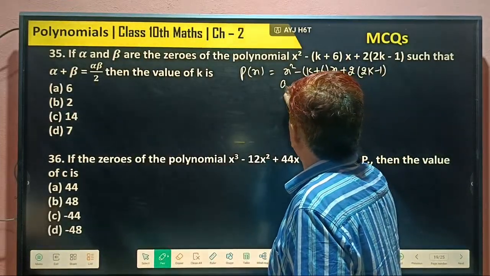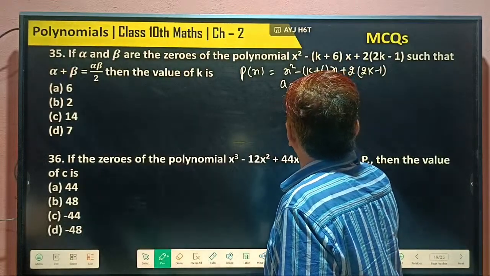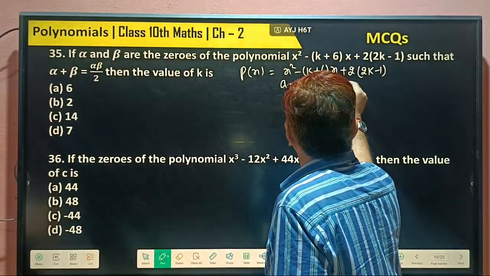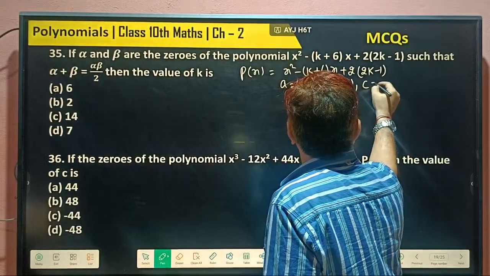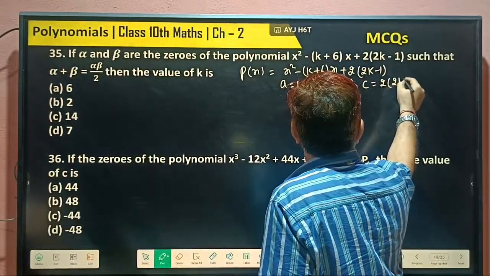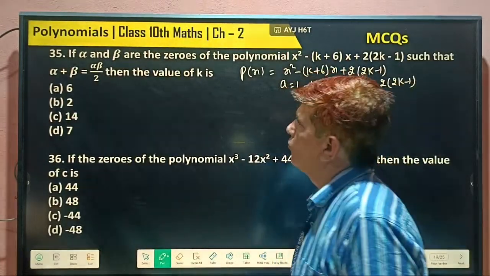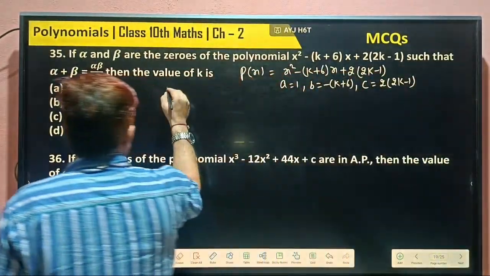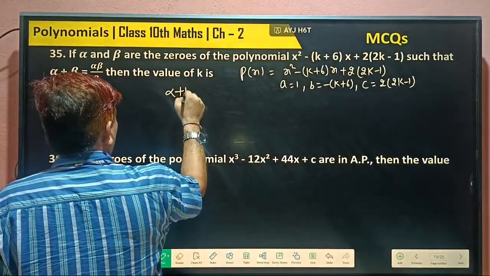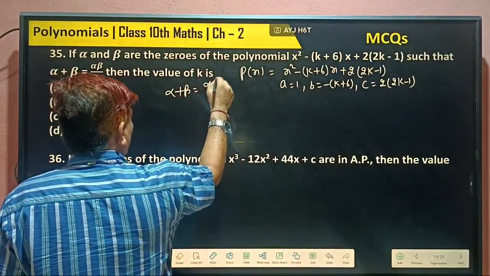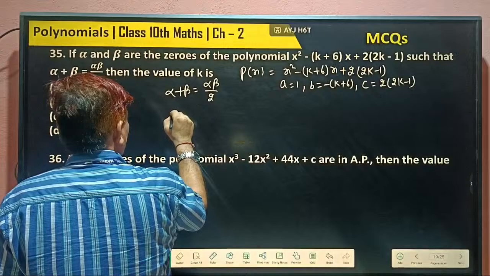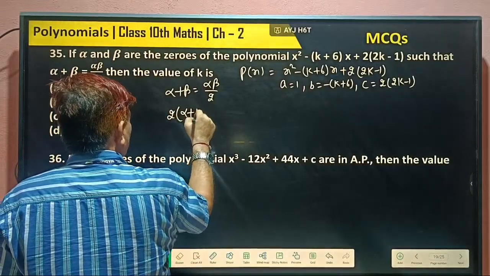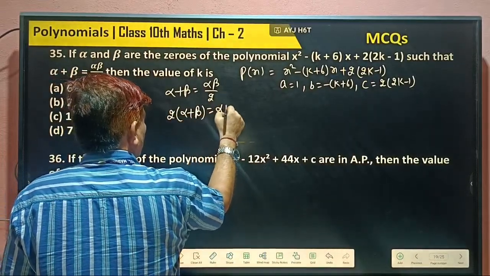So here a equal to 1, b equal to minus (K plus 6) and c equal to 2 into (2K minus 1). Understood? And what's the given relation? Alpha plus beta is equal to alpha beta by 2, or we can say 2 into (alpha plus beta) is equal to alpha beta.